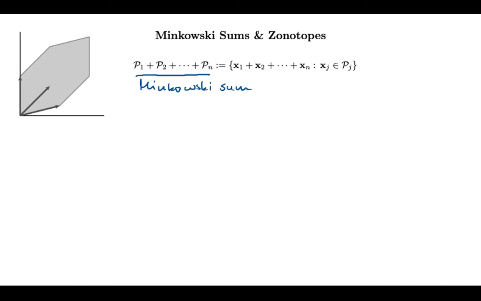On the left you can see an example where I have three polytopes that are line segments, and their pointwise sum, their Minkowski sum, forms a hexagon. And that gets us to the definition of a zonotope, and that is it's the Minkowski sum of line segments.